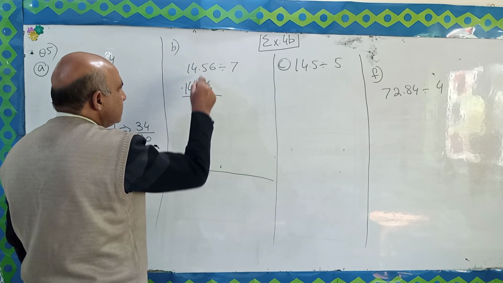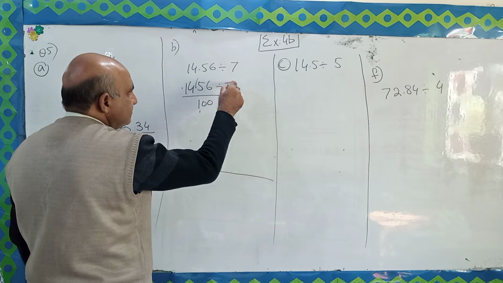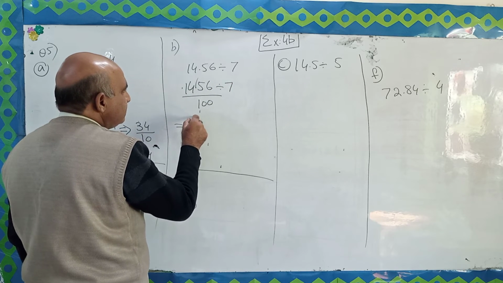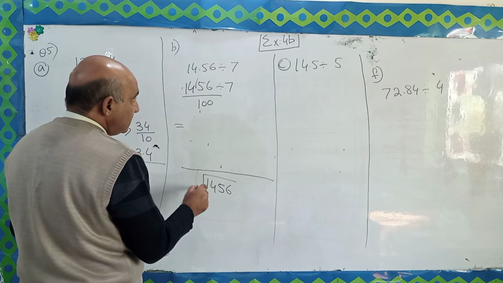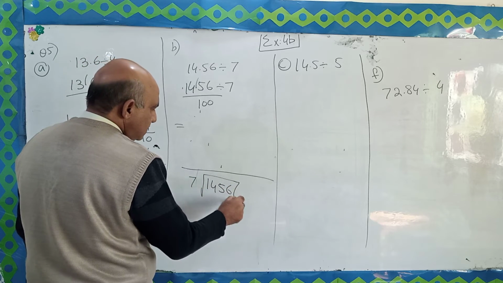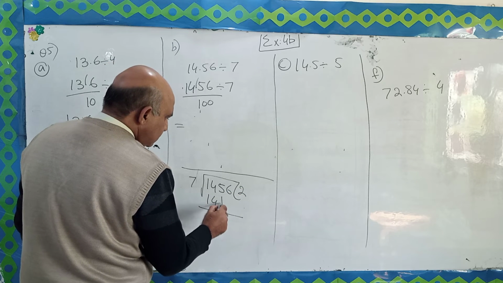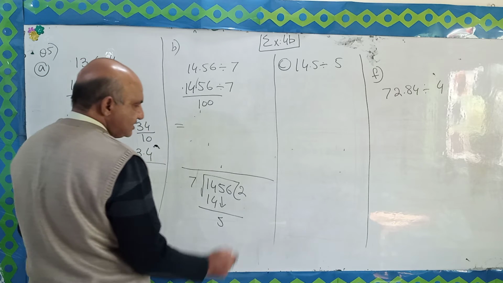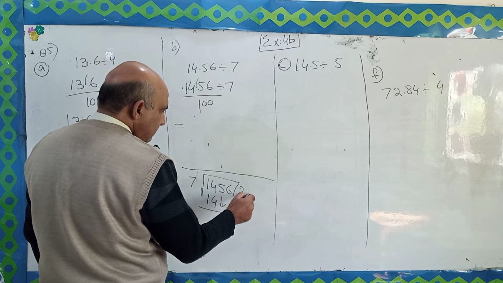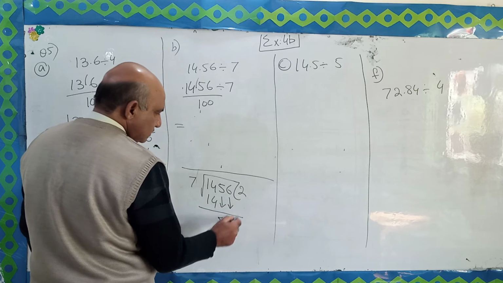14.56 over 100 divided by 7. So here 1456 divided by 7. So here 7 2s are 14. So we write here 5, as we know that 5 is smaller than 7, so we write here 0, and 6 as well.